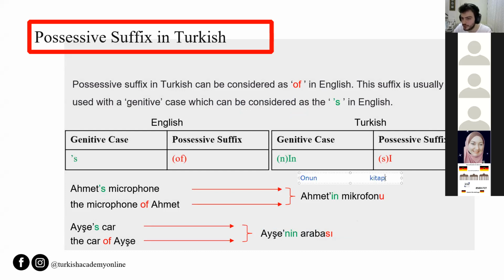You cannot say kitapsı. It doesn't work like that, because I don't need this s over here, since the word already ends with a consonant, p. So what I do is say kitap, but I also make this p a little bit softer. I change it to kitabı.